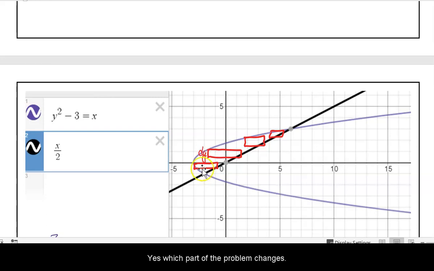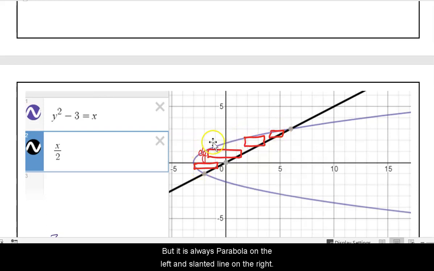Yes, which part of the parabola changes, but it is always parabola on the left and slanted line on the right. That makes this a good candidate to consider doing with respect to y. This does, however, require that you can easily solve that equation for x.